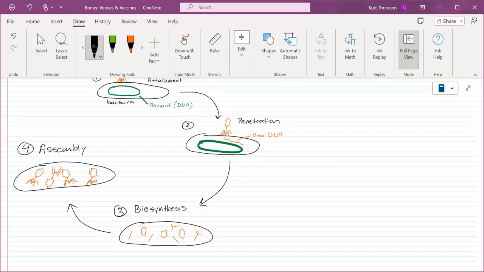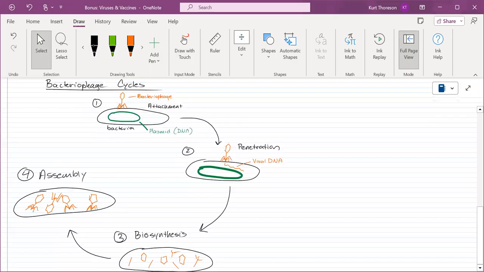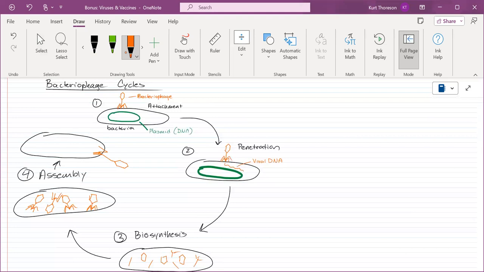The viruses are growing up inside your cell. And then step 5, they break out. This is going to be step 5, release.